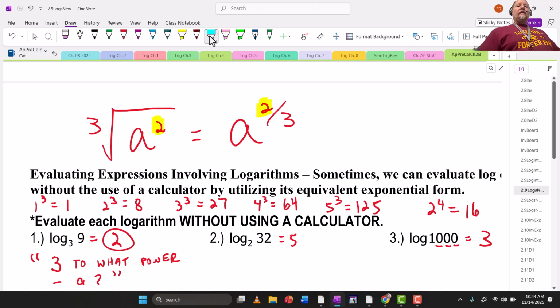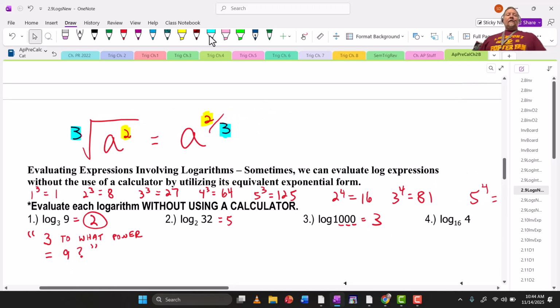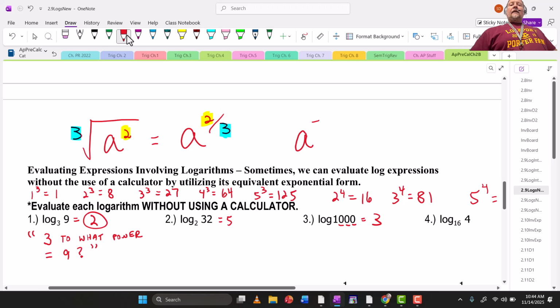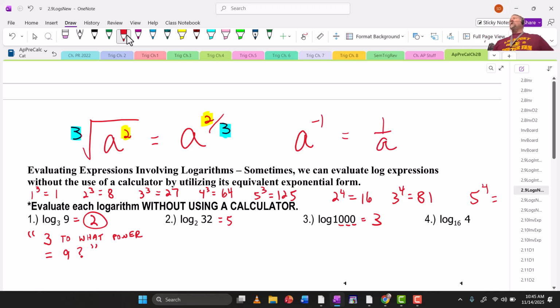This is the only thing that crushes students. That and not knowing this: a to the negative first equals 1 over a. So negative exponents and fractional exponents, because logarithms are just exponents. Since logarithms are exponents, you need to know your exponent rules.